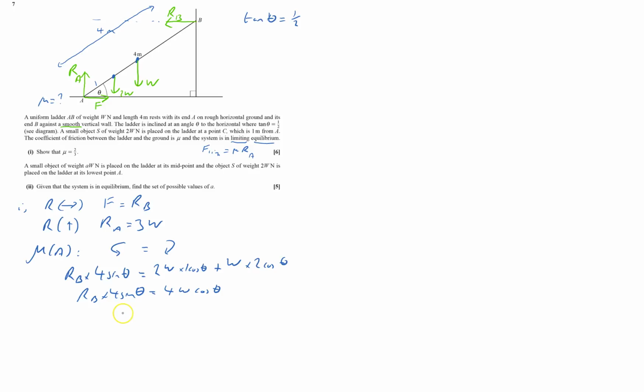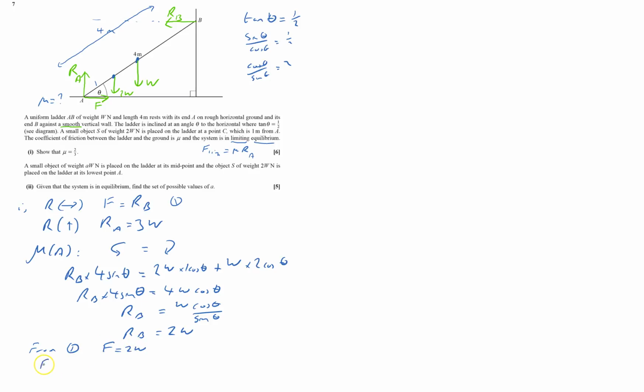So RB, divide both sides by that, will give you W, 4 divided by 4 is nothing, so cos theta over sine theta. And we know that sine theta over cos theta equals a half, so cos theta over sine theta equals 2. So that tells me that RB equals 2W, and from here, let's call it equation 1, from 1, that says that F equals 2W.